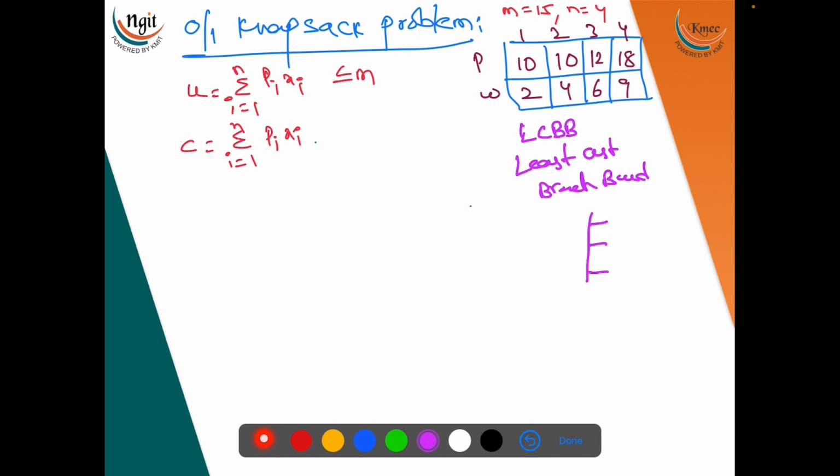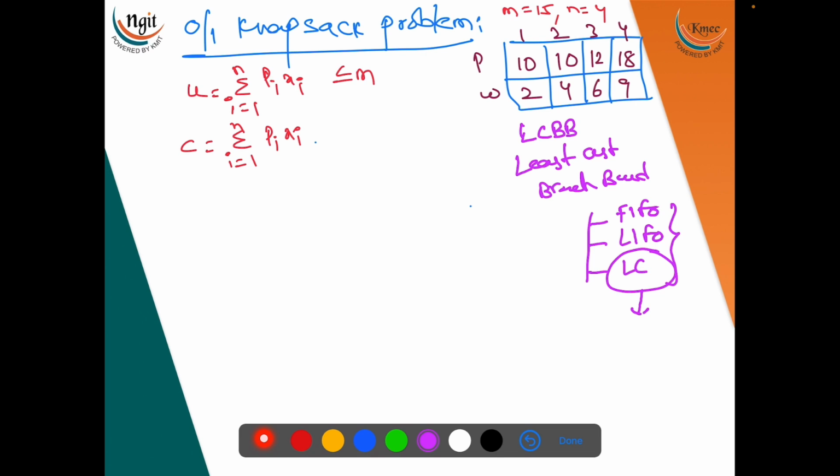The first is the FIFO method, the next is the LIFO method, and the next is the least cost method. We can take all 3, but I am going to take least cost, because it is the fastest method.